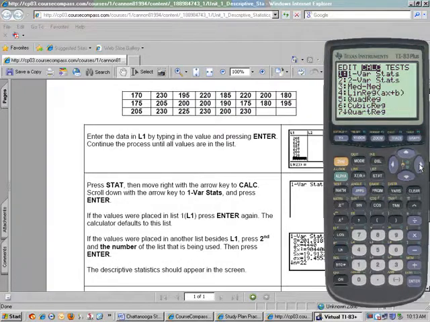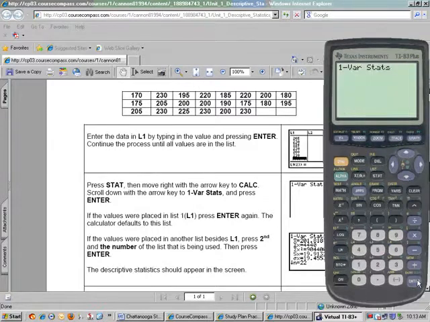We are still dealing with one set of variables, so we're going to push one variable stat, so that's highlighted, so I'm just going to push Enter, but I've got to push Enter again. And now we have these values. Now in previous videos we've discussed the mean and the median and the mode and the mid-range using the calculator. Well, now in this section we want to talk about finding the range, the variance, and the standard deviation.